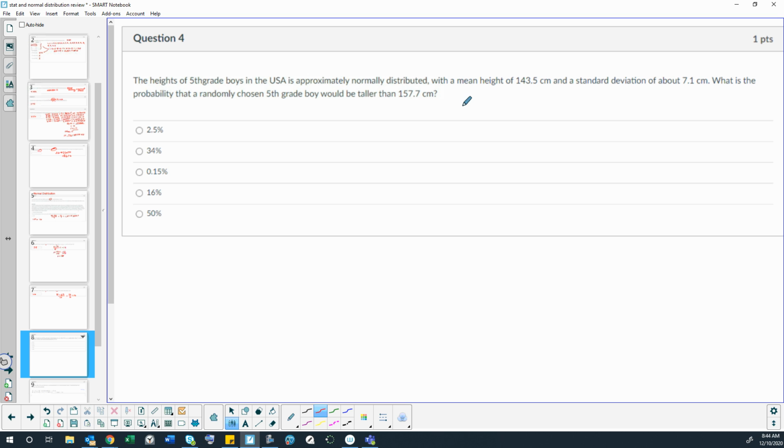Okay, the heights of 5th grade boys in the USA is approximately normally distributed, with a mean height of 143.5 centimeters and a standard deviation of about 7.1 centimeters. What is the probability that a randomly chosen 5th grade boy would be taller than 157.7 centimeters? That's where I like to draw a chart.